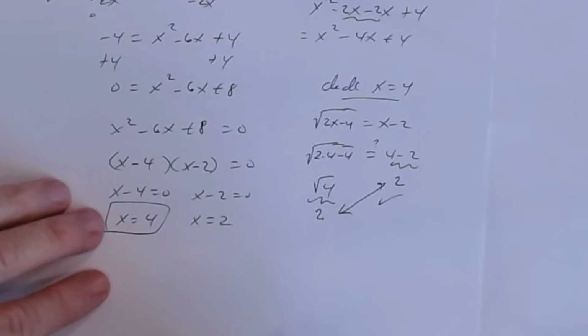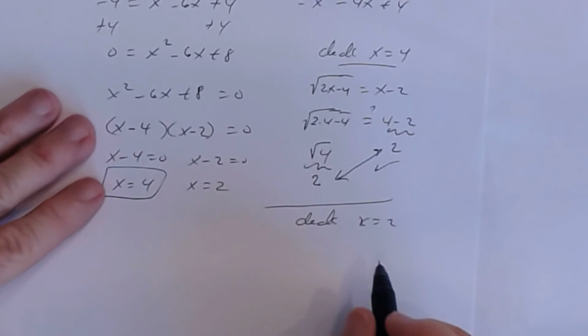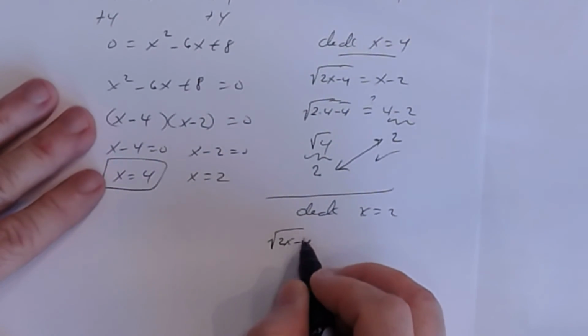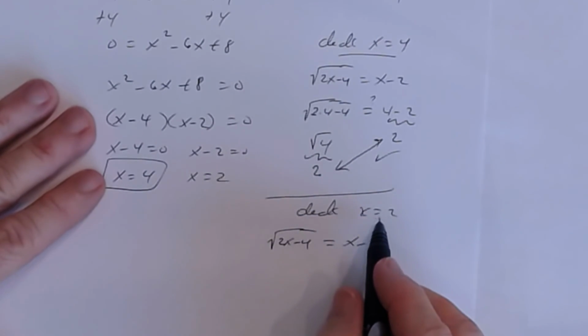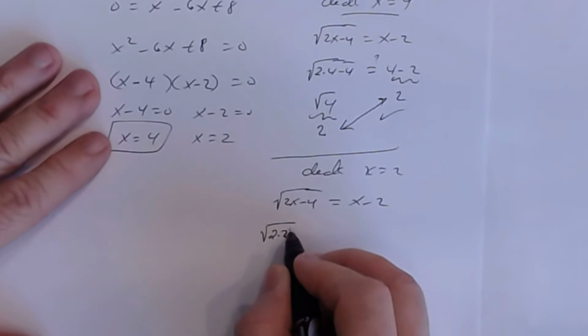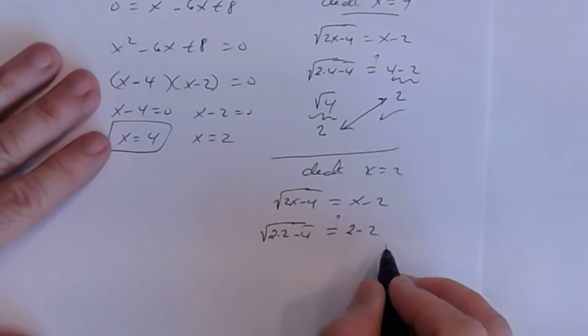Now let's check x equals 2. I'm going to rewrite the original equation: square root of 2x minus 4 equals x minus 2. In place of x, I'm going to substitute 2. So here's what I get: the square root of 2 times 2 minus 4, and I want to see if that equals 2 minus 2.